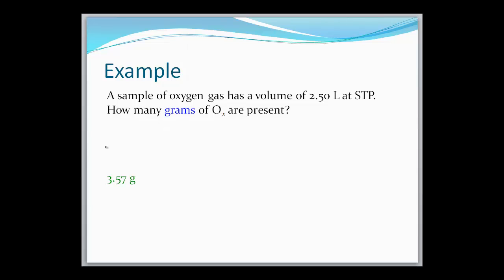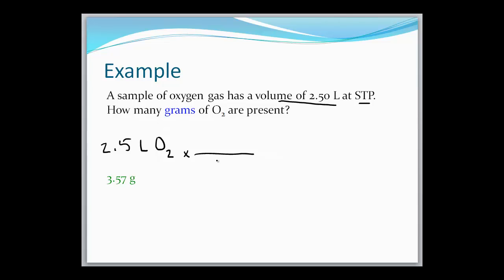So let's take a look at the first example. It says a sample of oxygen gas has a volume of 2.5 liters, and again, that clarification at STP. How many grams of oxygen are present? So as we did in the last podcast, let's start with the given, 2.5 liters of oxygen. Let's do our first conversion.